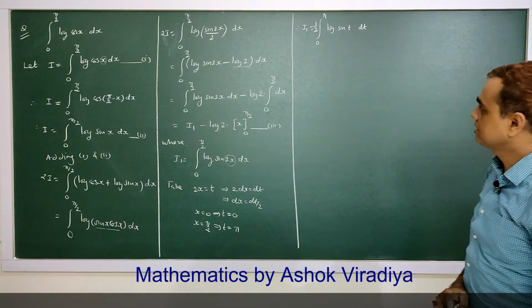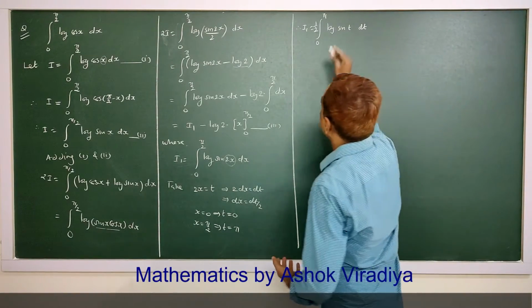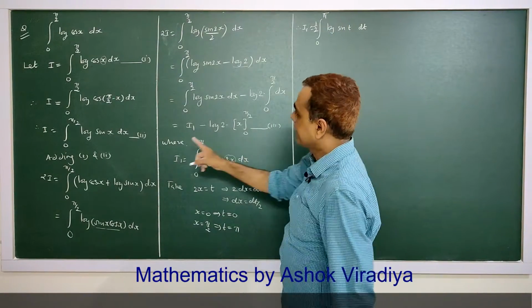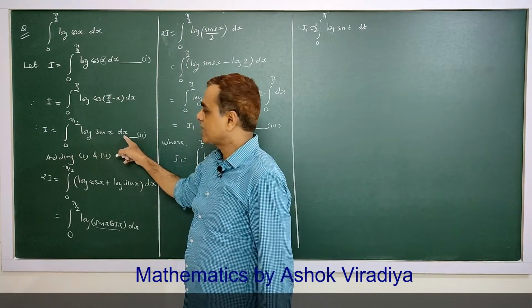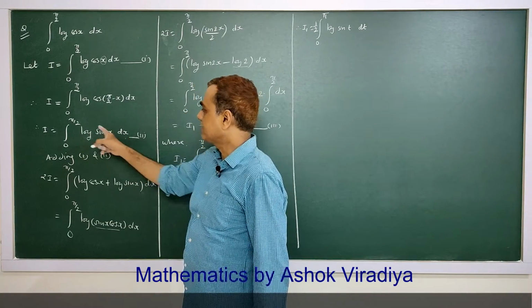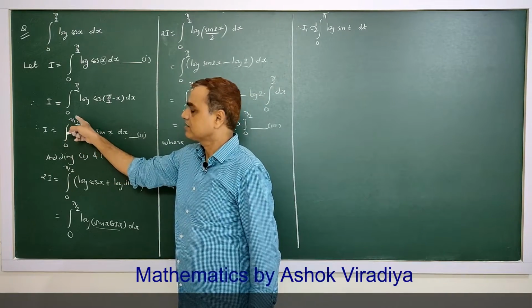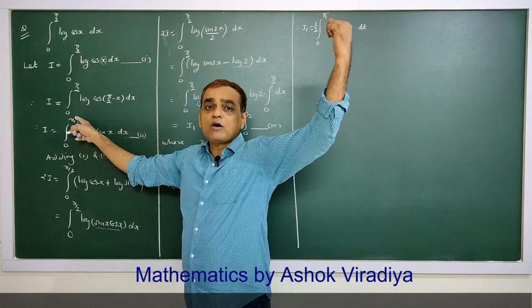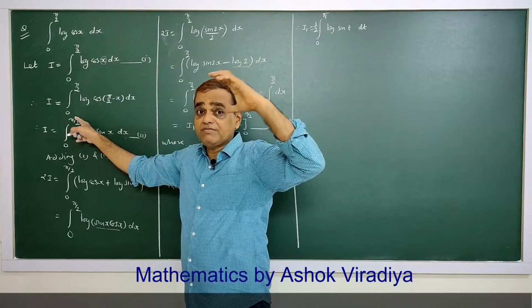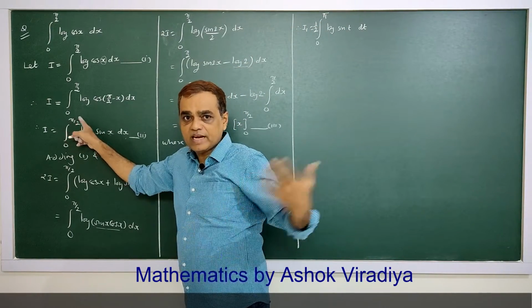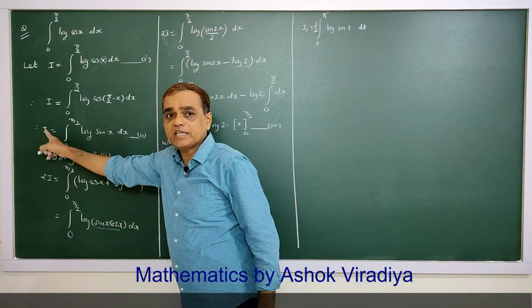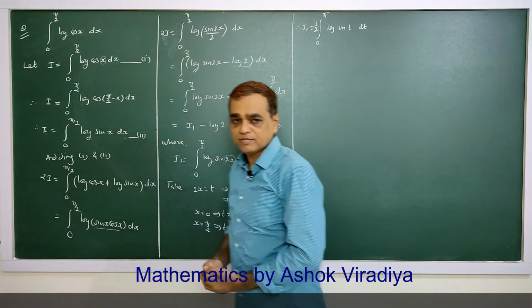Now see, here we are getting this type of expression, ditto expression log sin t dt, but the limit is different. Here the upper limit is now pi, but if we can convert that pi into pi by 2, then that term can be replaced by I, so this value can be used.